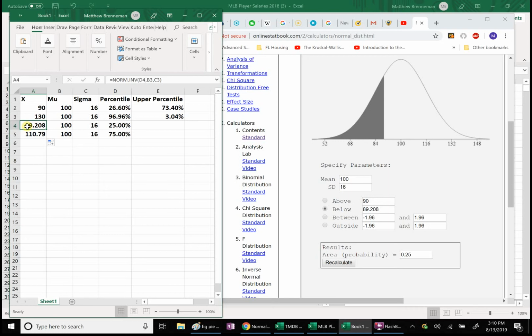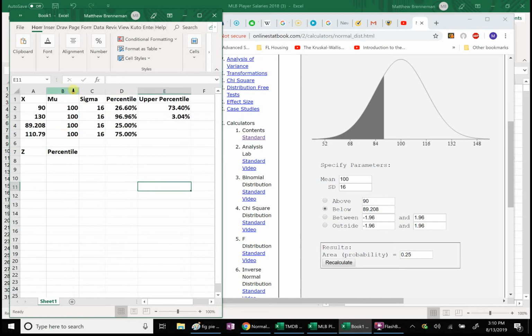All right, that's pretty much all there is. The last thing I'll mention is standard normal really quick. With standard normal, it's kind of interesting because we don't have to specify the mean and the standard deviation. By definition, its mean is 0 and its standard deviation is 1. So let me go ahead and type a percentile.